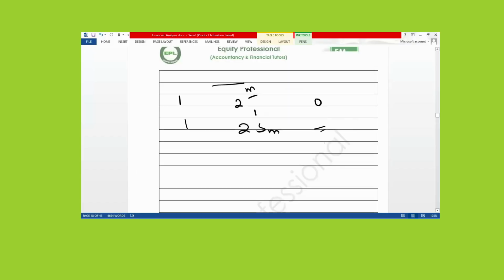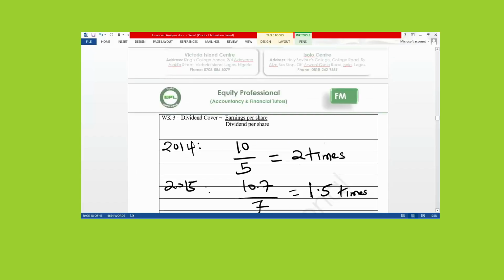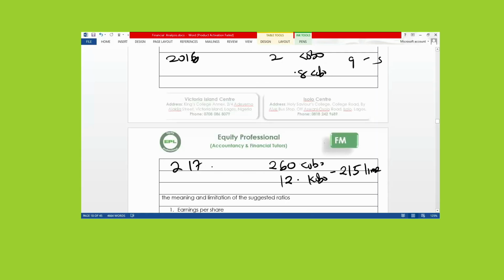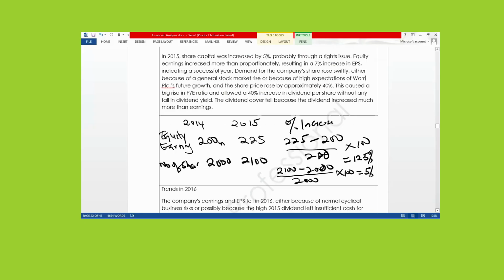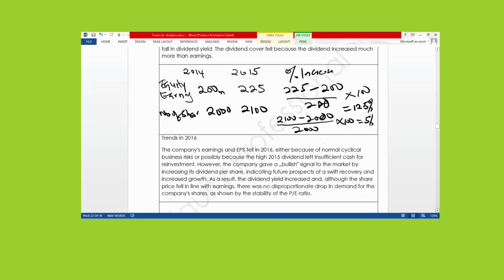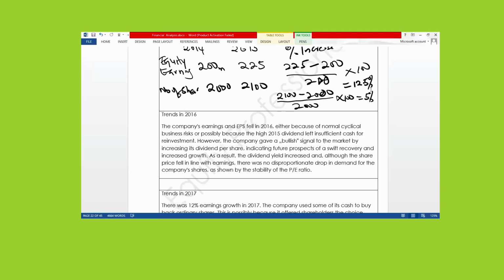Look at the notes. Trend in 2016. The company's earnings and earnings per share fell in 2016, either because of normal cyclical business risk or because of the high 2015 dividends, because we paid out higher dividend in 2015.